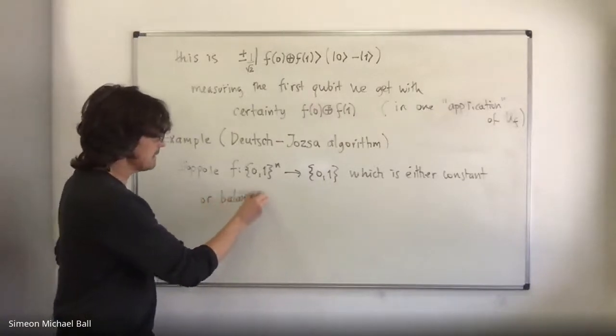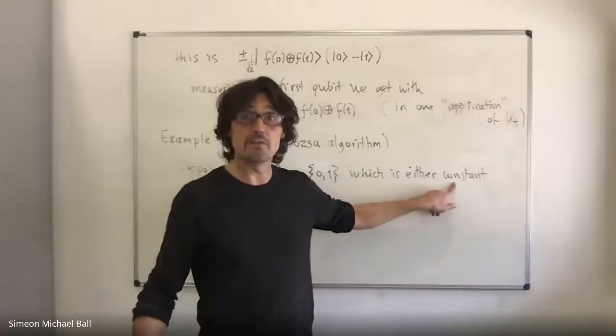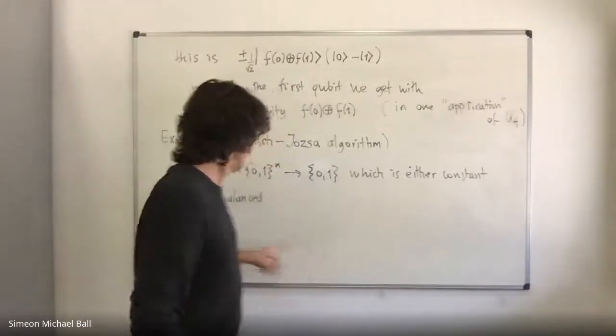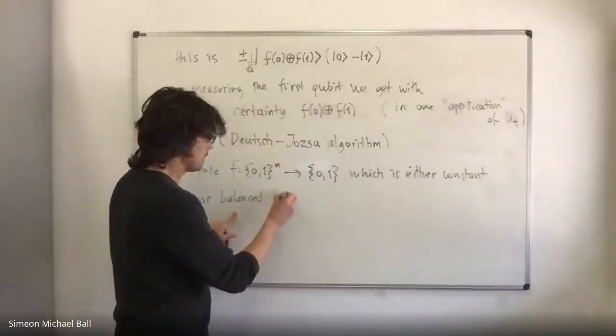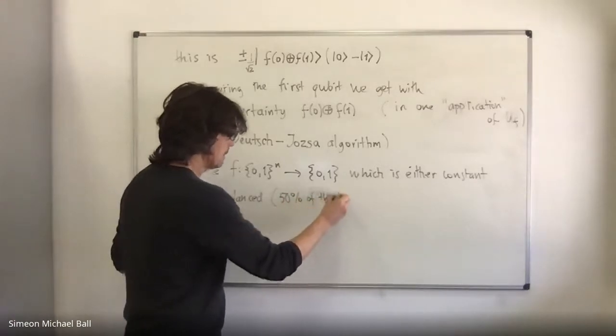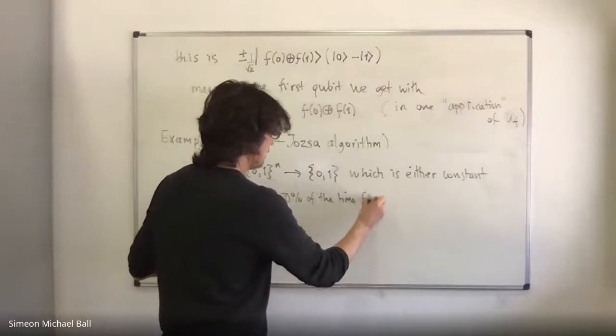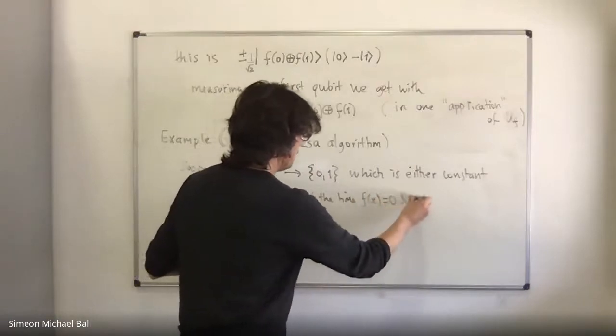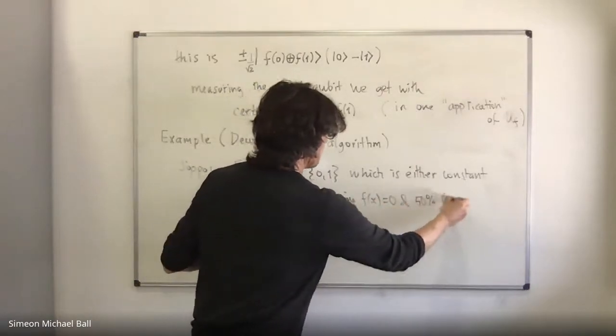So constant means it's either always 0 whenever you evaluate it or always 1, and balanced means 50% of the time f of x is 0 and 50% f of x is 1.